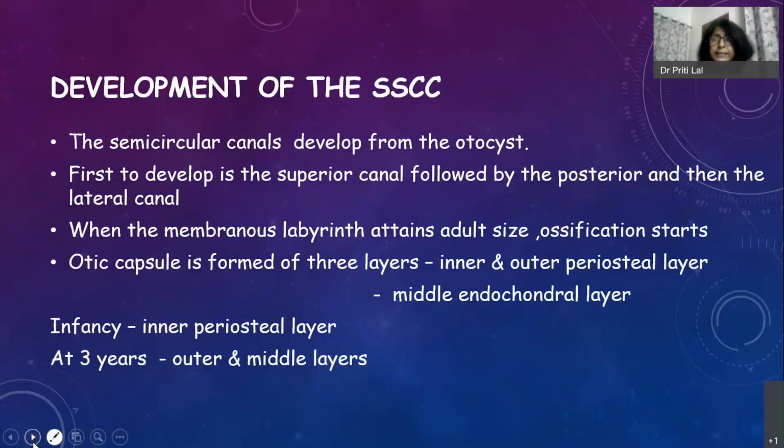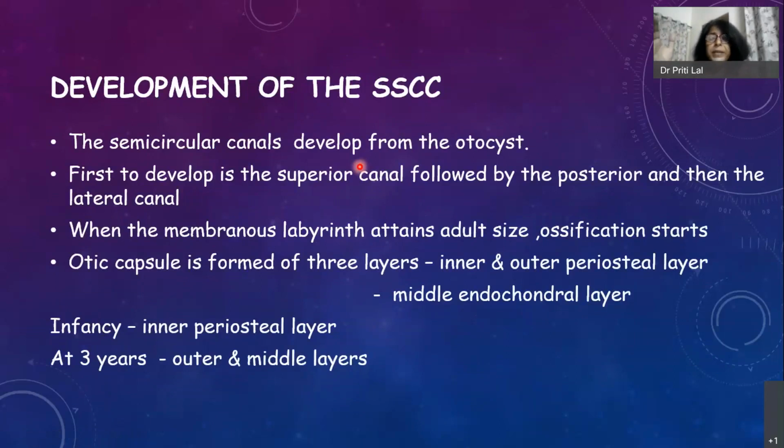Now, to understand this, we have to understand the development of the semicircular canals, which develop from the otocyst. The budding happens from the otocyst, and the first to develop is the superior semicircular canal, followed by the posterior and the lateral.